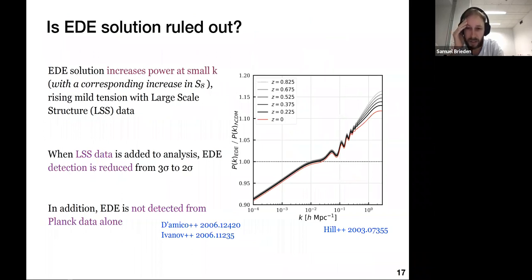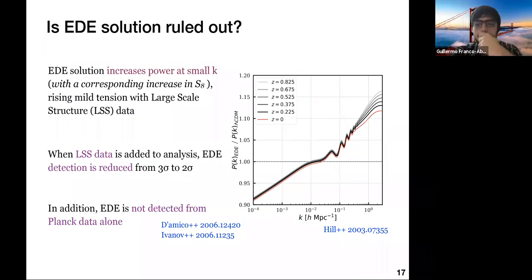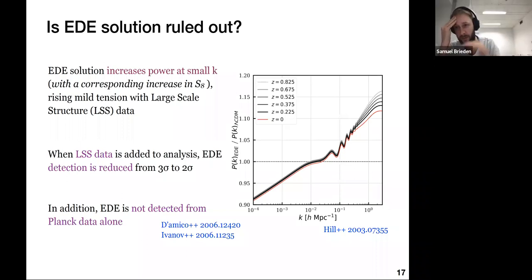Can you remind us, on this plot, what scales are mostly probed by the CMB, and what scales are probed by the Hubble tension? I was thinking whether, if you combine this with neutrino mass or something else, you could solve the Hubble tension and the sigma 8 tension by combining early dark energy with neutrino mass.